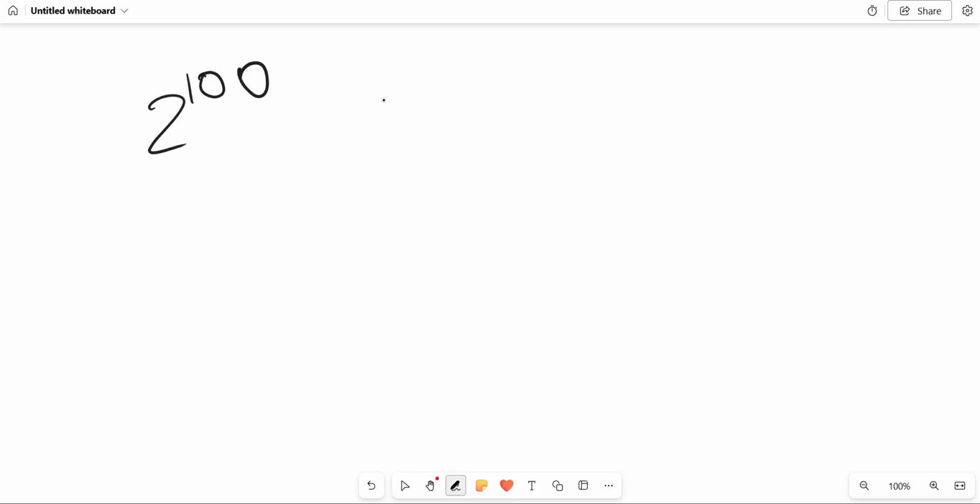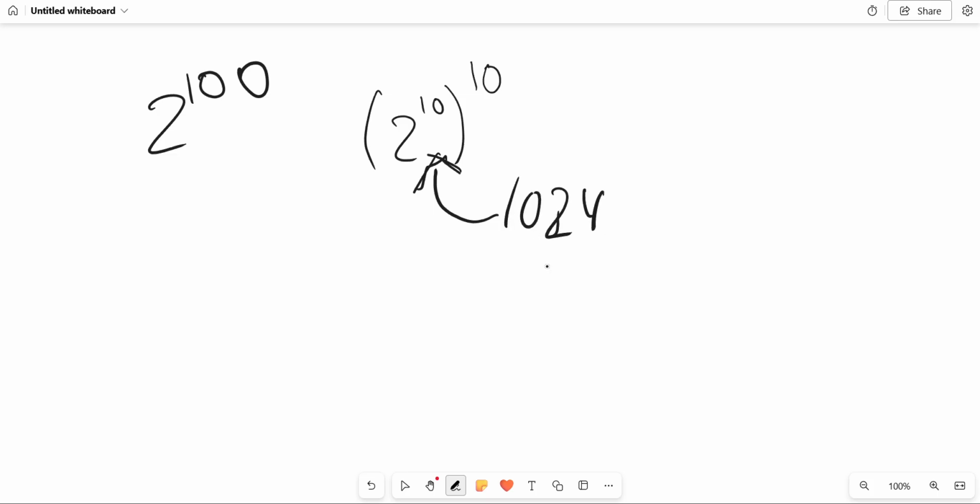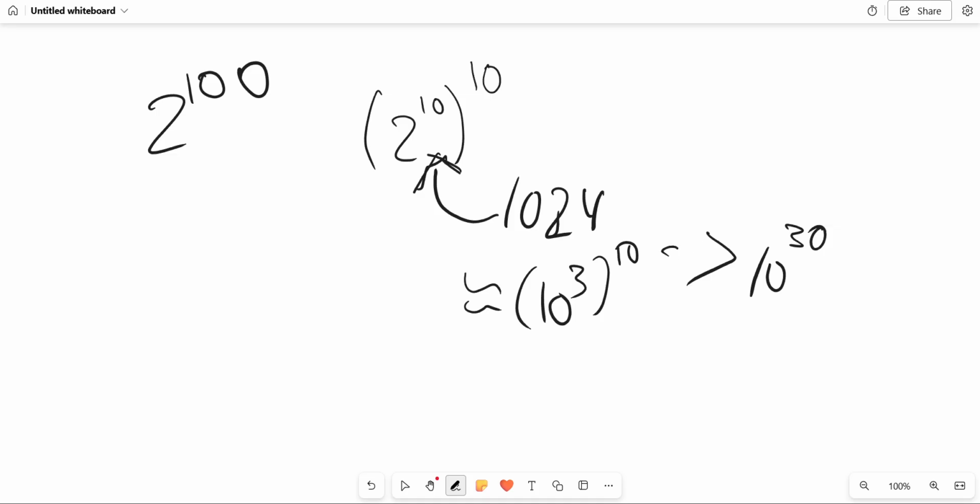If you think about it, that's 2 to the 10 to the 10. And if you think about what 2 to the 10 is, imagine taking that to the 10th power. 2 to the 10, I'm pretty sure that's 1024. That's basically 10 cubed to the 10th, basically. So that's like 10 to the 30. It's greater than 10 to the 30. That's how big it is.